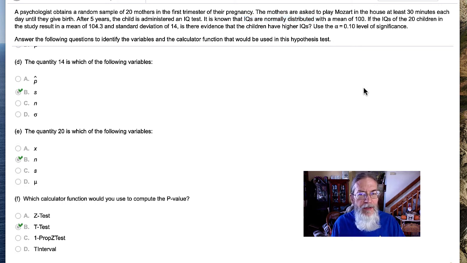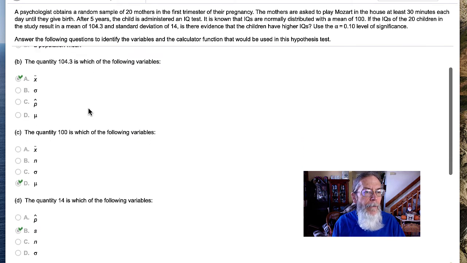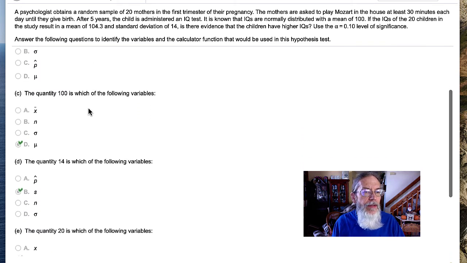One of the nice things I like is after I do these things, and normally you're not asked all these questions, but if I go to my handy dandy calculator and pick up t-test, it says I have to know the null hypothesis mean, mu sub 0, and we've got that right there.